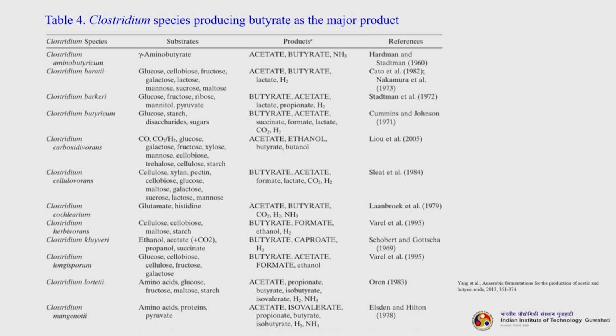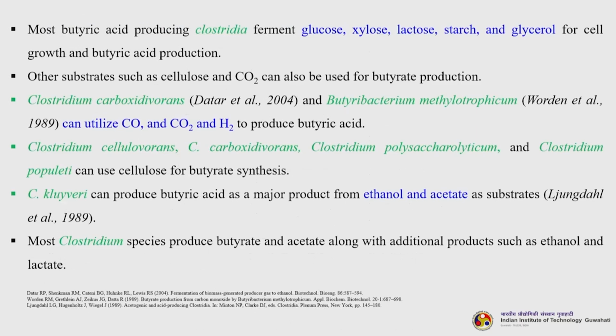You can go through it later and get a feeling of what the different Clostridium species are used to produce, various products such as acetate and butyrate from different types of substrates. Most butyric acid producing Clostridia ferment glucose, xylose, lactose, starch and glycerol for cell growth and butyric acid production. Other substrates such as cellulose and carbon dioxide can also be used for butyrate production.